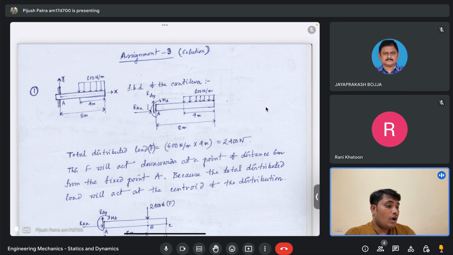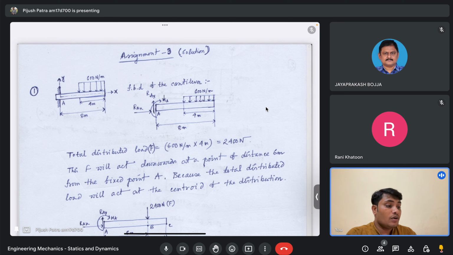I will say that these reaction forces are RAX, the reaction force along the x axis. If I attach an axis here with origin at the built-in end, this is my x direction and this is my y direction, so this is the free body diagram of that cantilever beam.